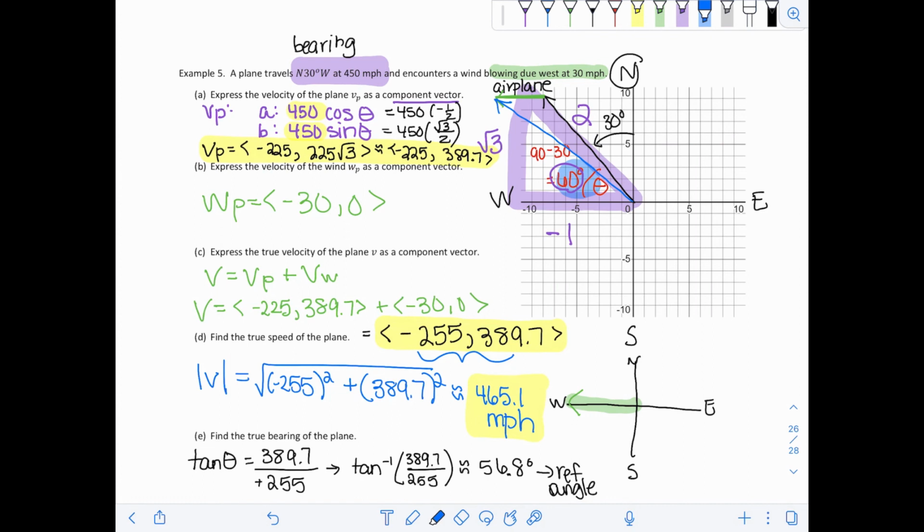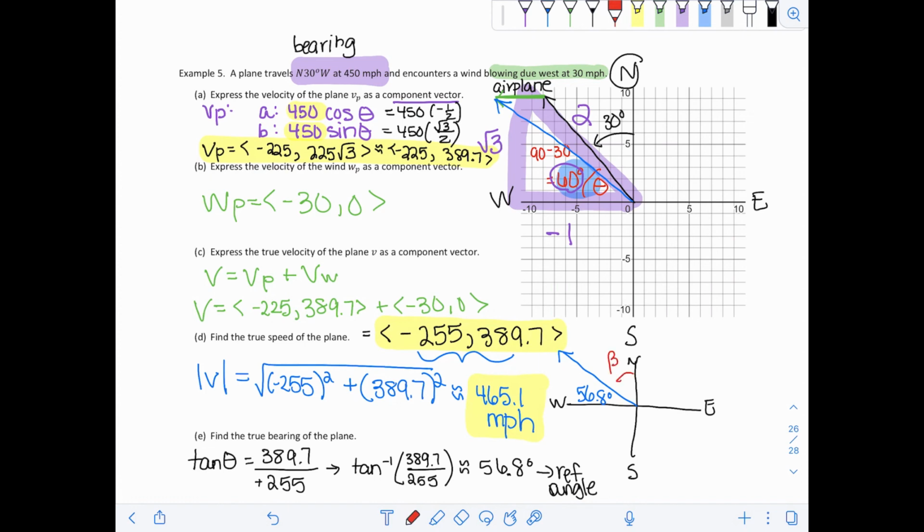Now I just need to convert this to bearing, which is going backwards from what I did before. I feel like I need to draw a diagram here. So let me erase this one to talk about what's happening. Once we did our addition of vectors, we found this to be our reference angle, 56.8 degrees. In order to write it as a bearing, we need this value.